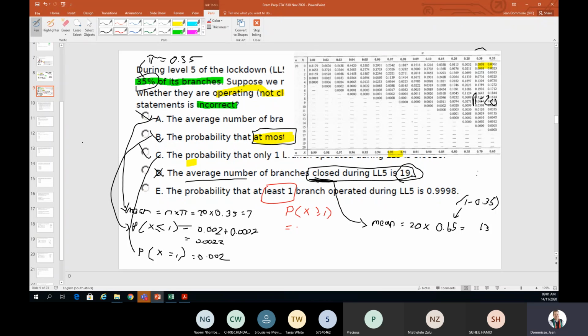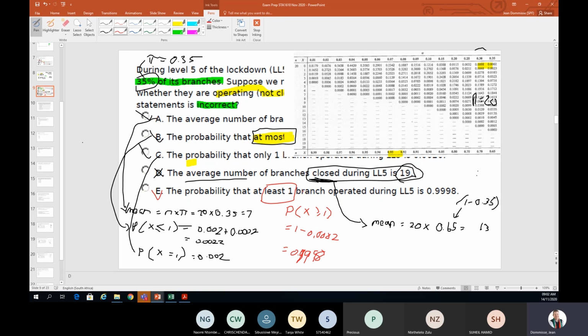So it is basically 1 minus just that one part when it is 0, which is 0.0002. So the probability will be 0.9998. Okay, so that one would have also been correct.